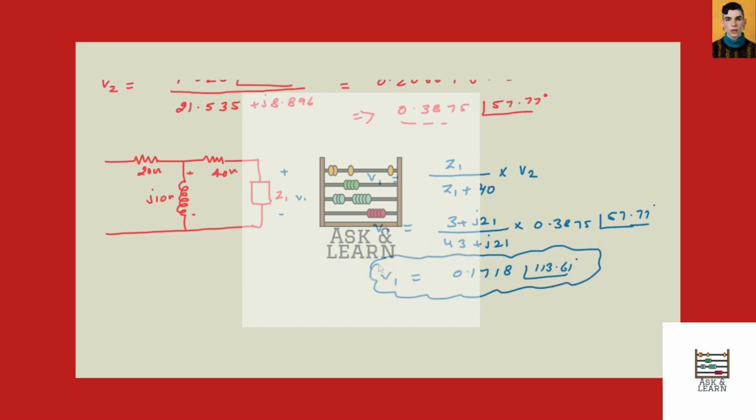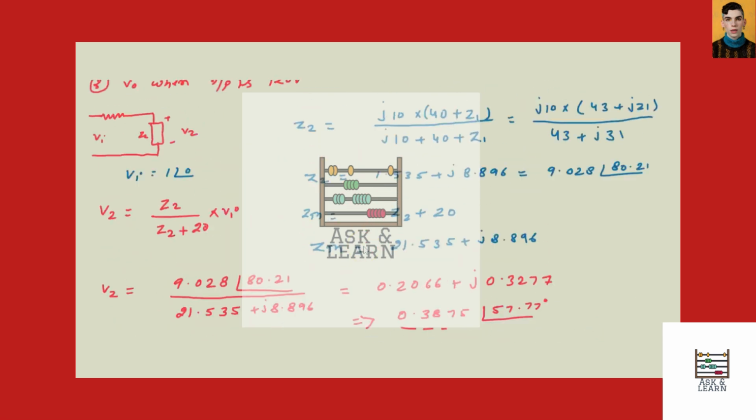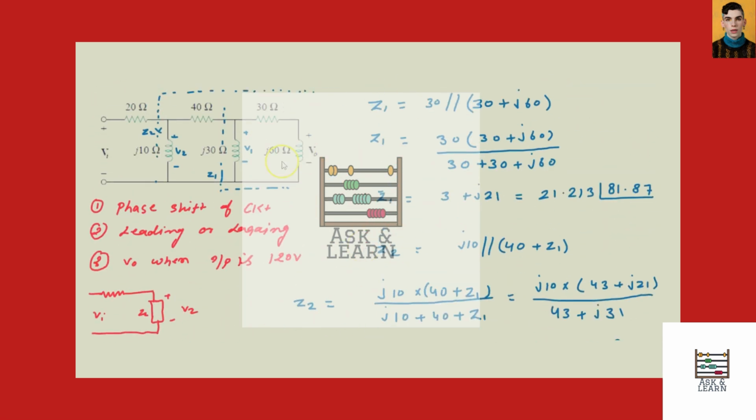Now again you can see the circuit, you find the value of V1 here. Okay, and now we calculate the value of V0. V0 can be calculated by applying the voltage division rule for these two elements, right? So V0 will be, now we can write here for understanding, V0 will be this impedance iota 60 upon total 30 plus iota 60 into V1.